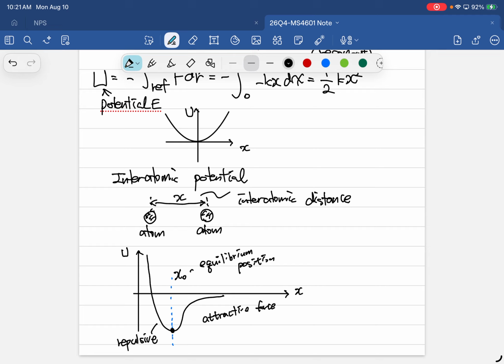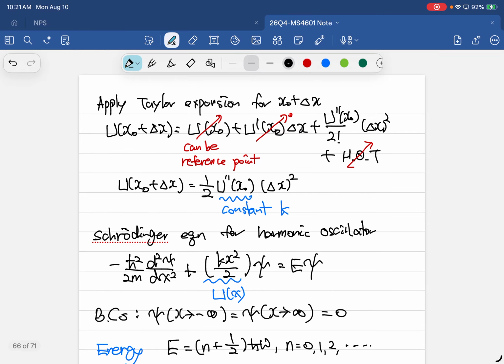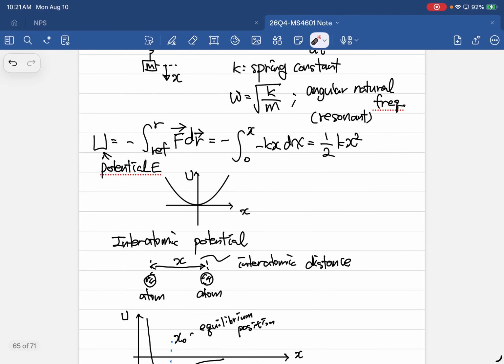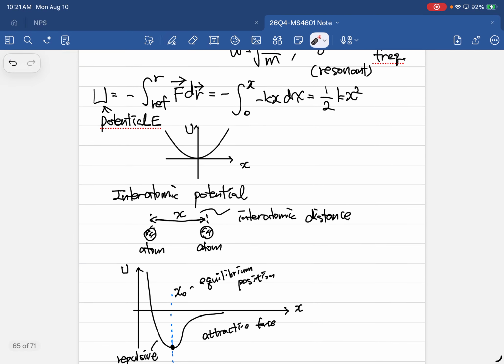With this, we are going to apply a Taylor series for this curve. We apply a Taylor expansion for x naught plus delta x. What that means is that we assume a slight excitation where we move around this equilibrium position.